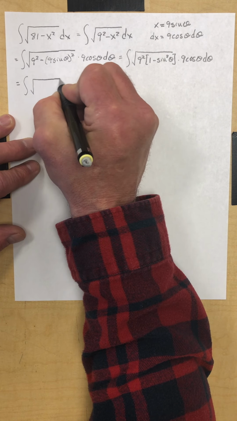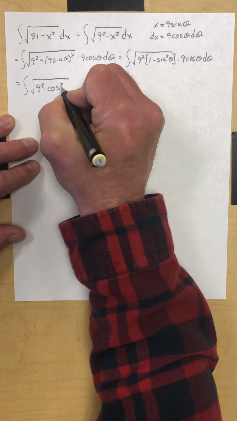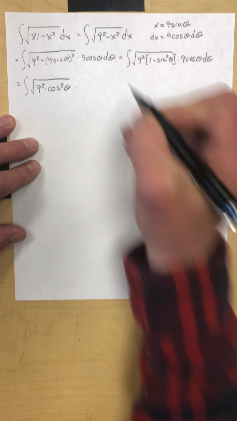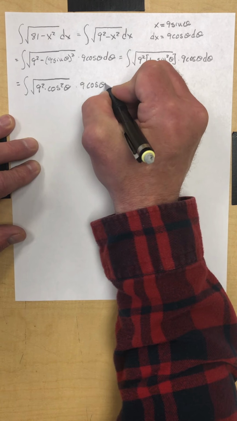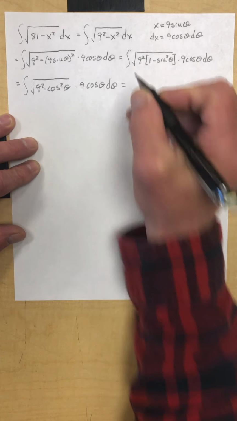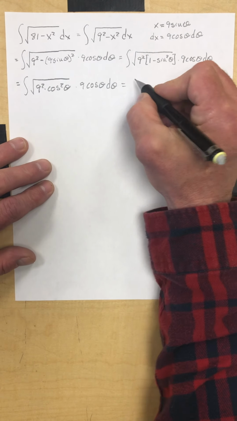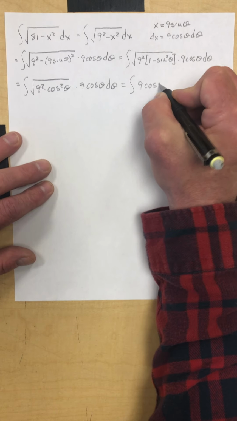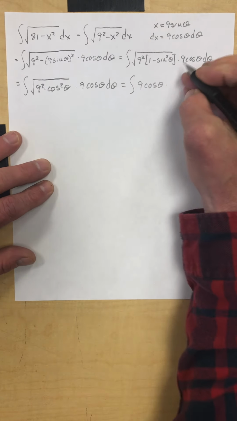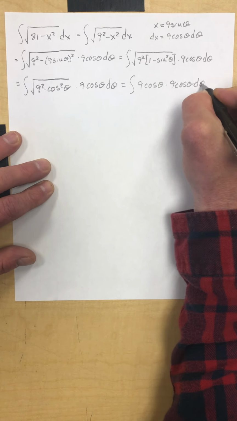So I have this 9 squared, now times cosine squared theta, times what's outside, my 9 cosine theta d theta. This is a perfect square, so I can take the square root of it. And so I get 9 cosine theta times what's already outside, 9 cosine theta d theta.